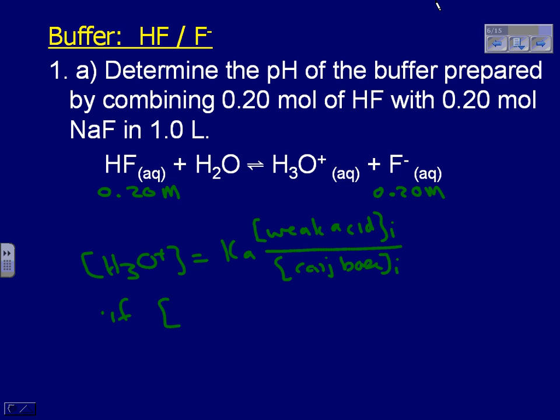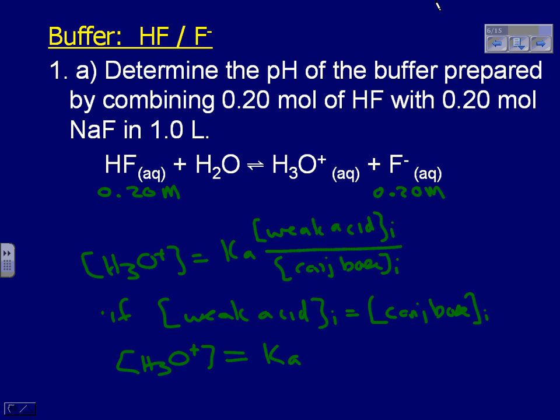If the concentration of weak acid, it doesn't even have to be initial, it can be anywhere in the buffer, is equal to the concentration of the conjugate base, then H3O plus is simply equal to the Ka. That's a shorter shortcut. Wow.